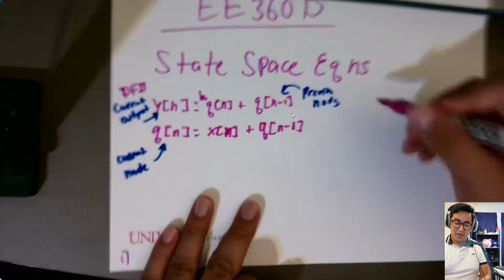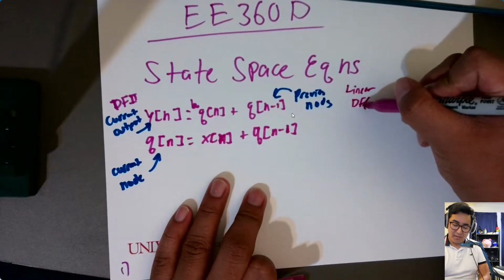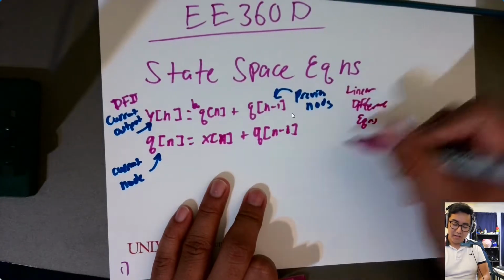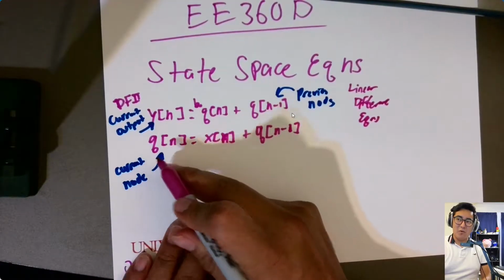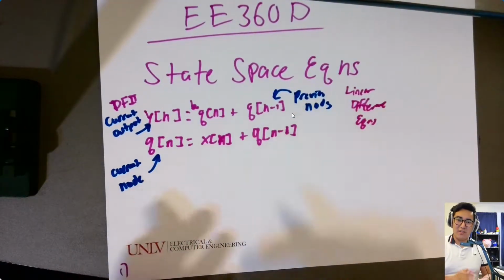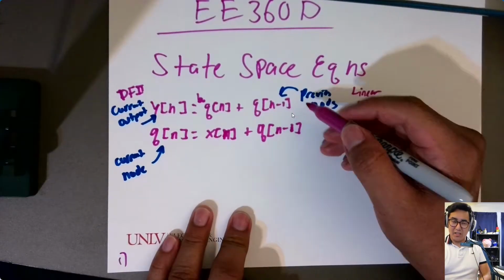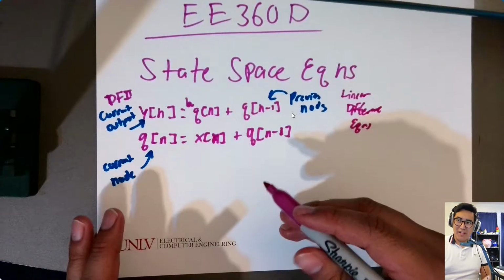So with our linear difference equations, you notice that we're solving for our current outputs and current stuff. Whatever we have in the past, we're using the past to determine where we are now.